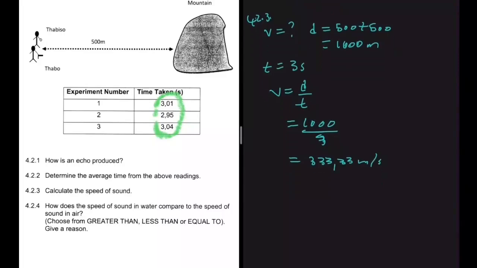Right, and now off to the last question, 4.2.4. It says, how does the speed of sound in water compare to the speed of sound in air? Choose from greater than, less than, or equal to. We know fully well that it is greater than, because water is more dense compared to air.